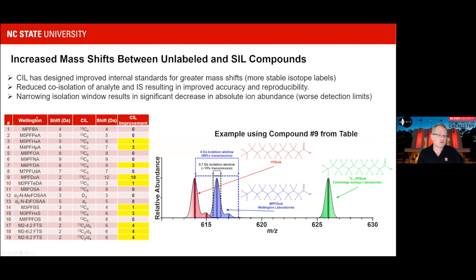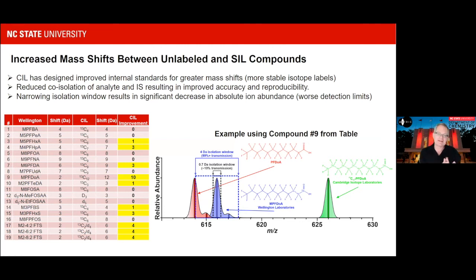Another great benefit of these compounds is that there are several other companies that sell fluorinated PFAS compounds. One of those is Wellington, and they sell nice products, but the mass shift isn't very large. If you look here at the ones highlighted in yellow, and at this mass spectrum for an example, entry number 9, the Wellington version only has a 2 Dalton shift, but the Cambridge Isotope Laboratory version has a 12 Dalton shift.